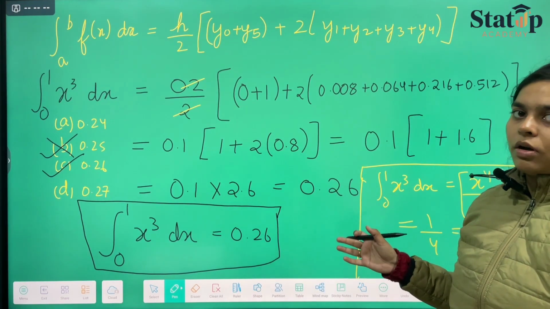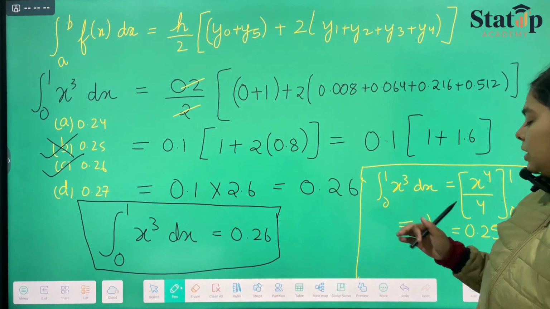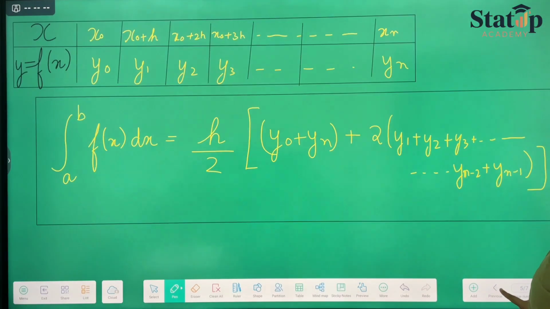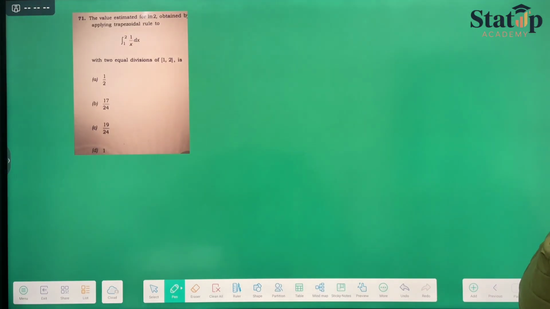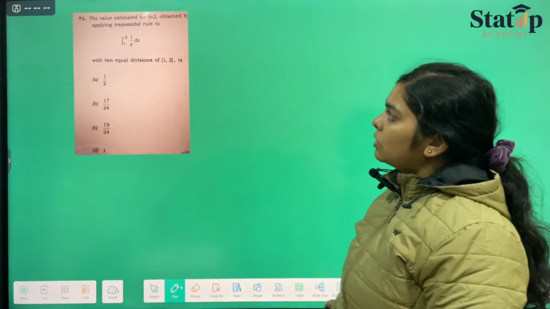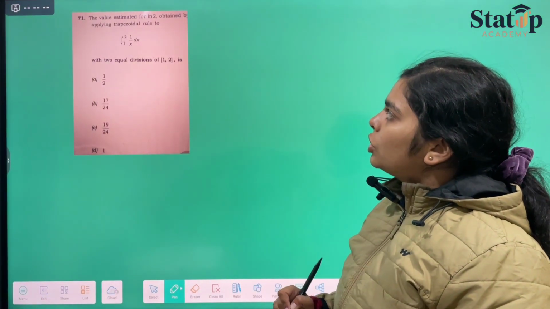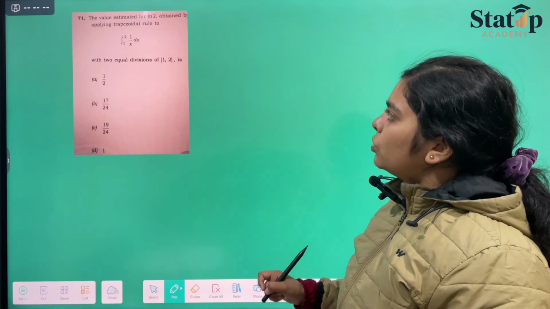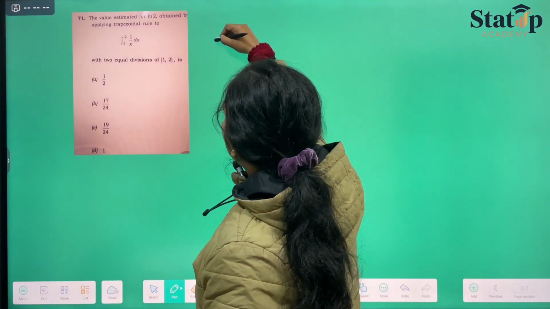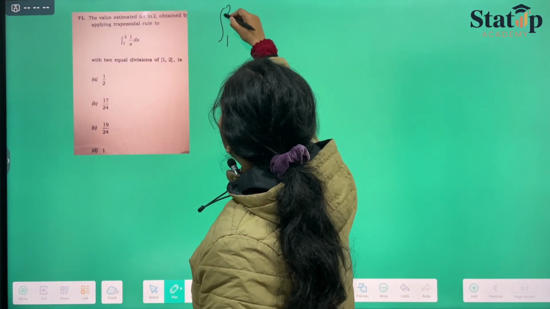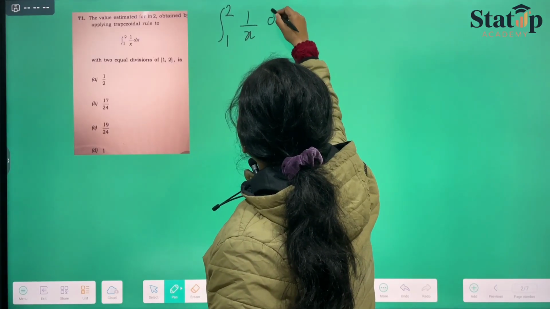This is how we solve it in examinations, and now let us solve one of the kind of questions that come in your examination. So this is our question. We have to estimate the value of log 2 obtained by applying the trapezoidal rule. So our function has been given, from 1 to 2, 1 upon x dx.